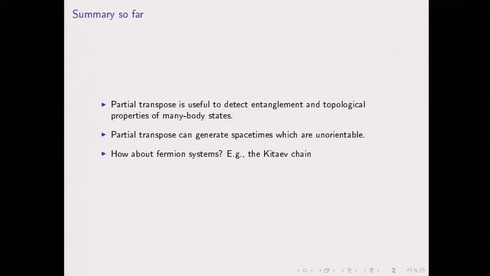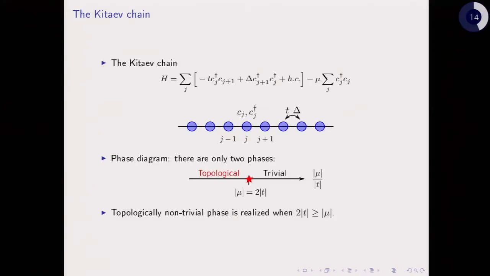Okay, so the model system could be something like a one-dimensional Kitaev chain, which is a type of system Ian described on Monday, except this is much simpler. It's a 1D system, a one-dimensional chain, and instead of spins, we now have fermions hopping on the lattice.